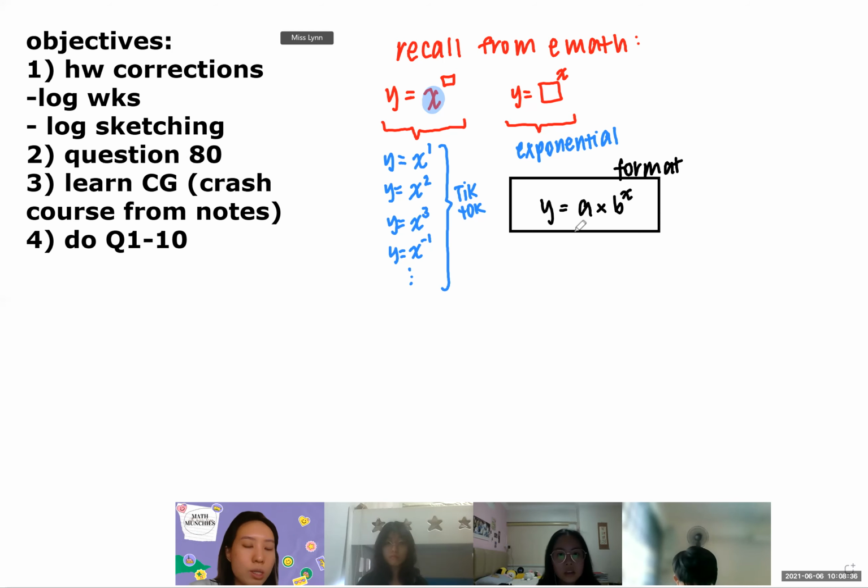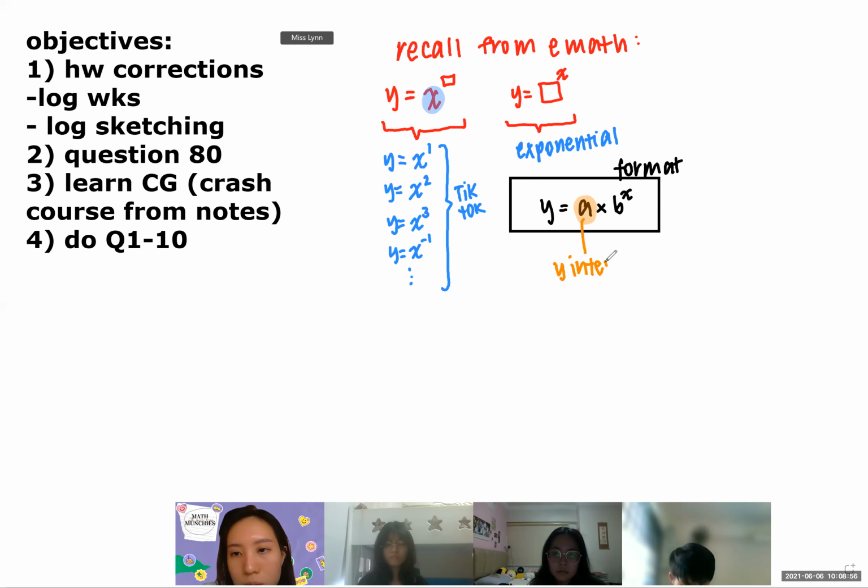If you look at your notes, what does it say? A is the intercept on the y-axis. Very good, Chinlong. So this is actually the y-intercept.